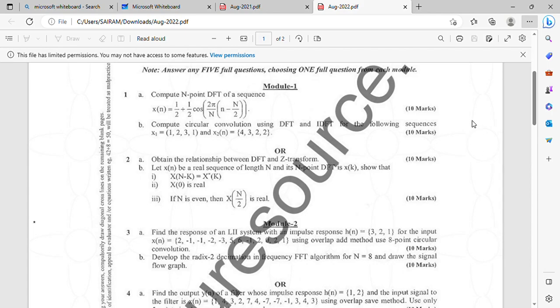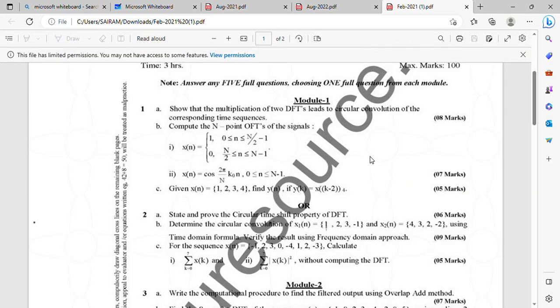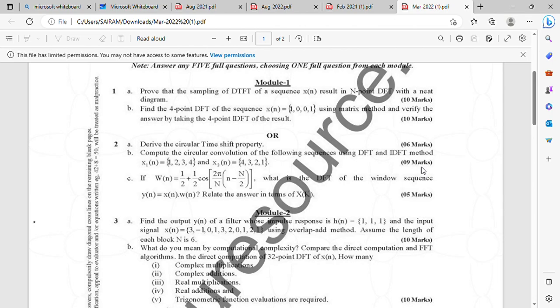If you take another question paper, here also it is N-point DFT. This is also N-point DFT. And if you come to the very last question paper, before you know that any question is important for the exam, you need to check with the question paper. Your question paper will tell you how important it is for an exam.